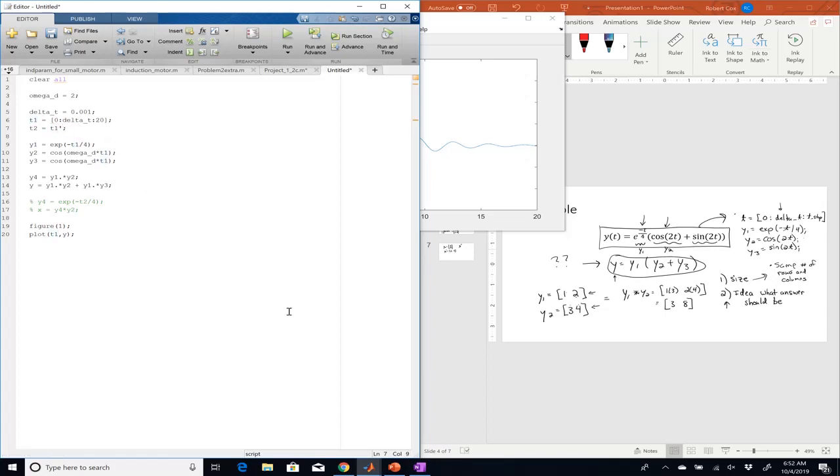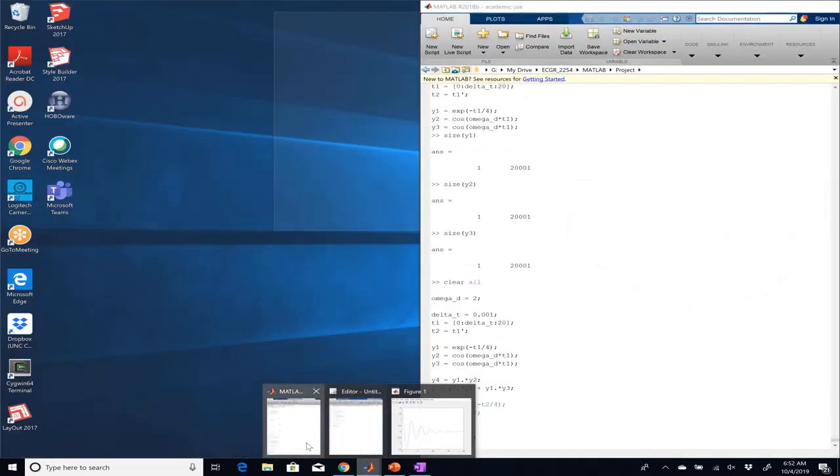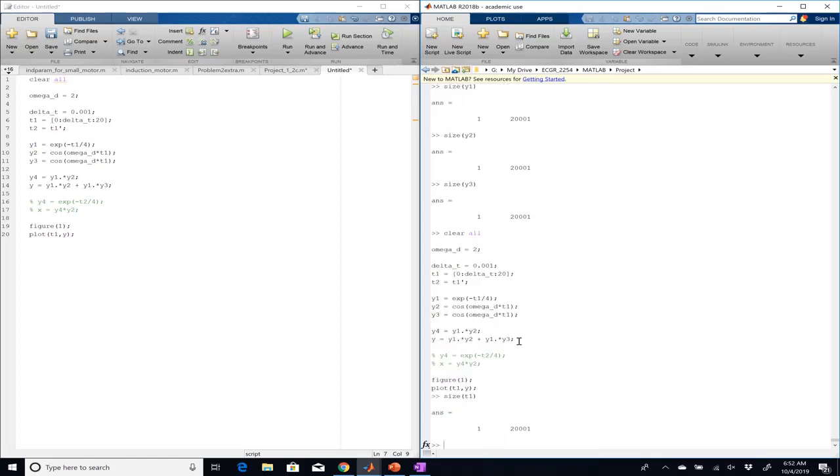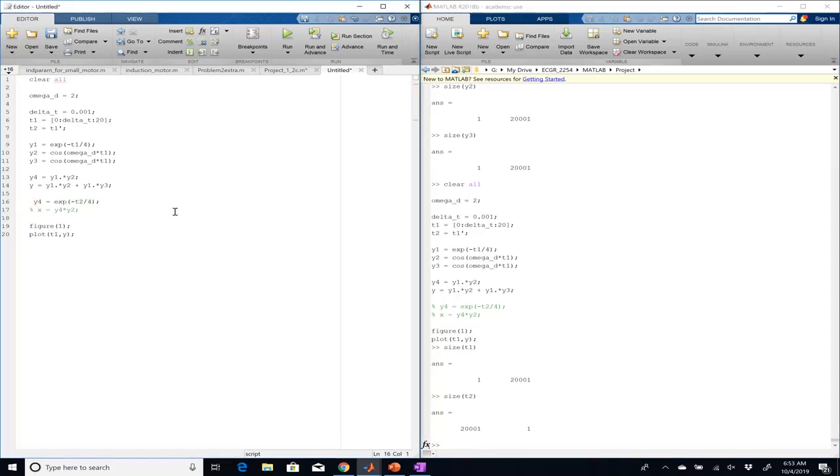Since I already ran that code, let me type over here size T1. So T1 is one row, 20,001 columns. T2 is all the same numbers, but it has 20,001 rows and one column. So what I did here is I defined a y4, which is basically the same thing as y1, except I used the T2 vector.